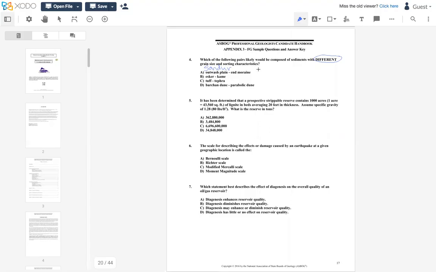So with outwash plains, we generally see fine grain sediment that's usually layered. And then moraines, those are formed of till that is unsorted.